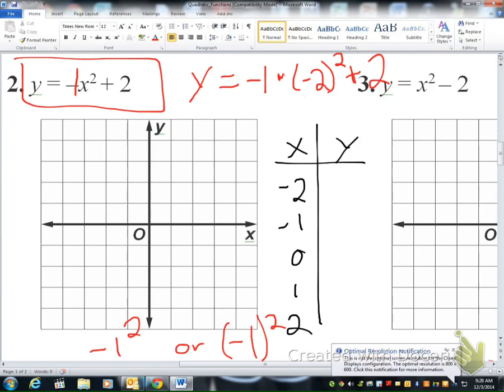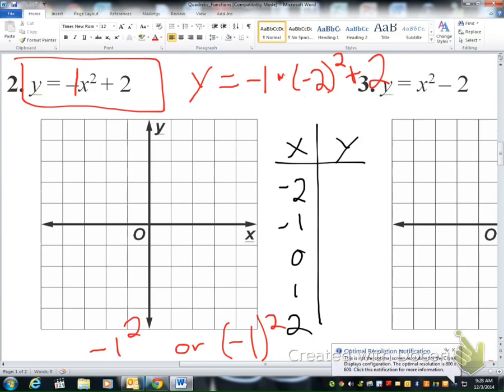No. The squared is not inside the parentheses. The parentheses there are just to show you that it's negative 2 squared, not negative of 2 squared. Okay? So, the parentheses aren't an order of operations thing. They're a, hey, you need to know that it's negative 2 times negative 2, not 2 times 2 and then the negative. So, we don't need to do parentheses here.